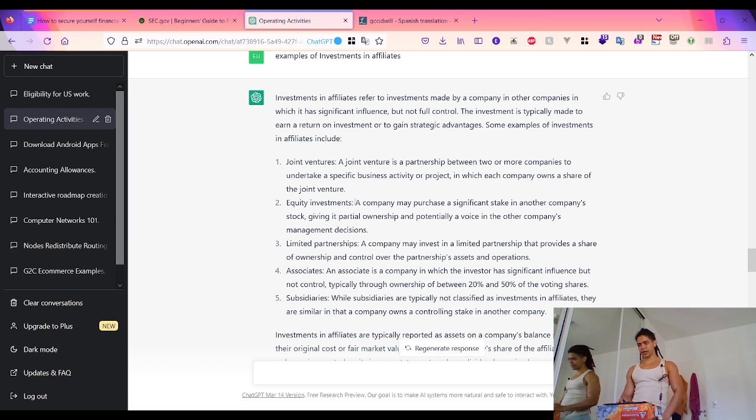Equity investment. A company may purchase a significant stake in other companies, giving it partial ownership and potentially a voice in the other company's management decisions. So the TLDR for joint venture is a partnership of two or more companies to undertake a specific business activity or project.